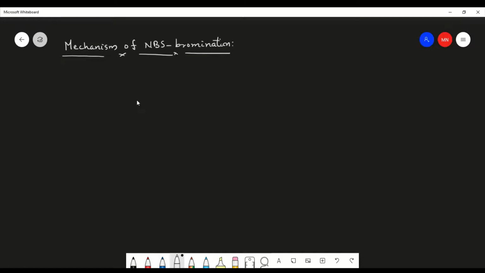The reaction takes place stepwise. In the first step, we have N-bromosuccinimide and the AIBN initiator, azobisisobutyronitrile, which picks up this bromine, and you get the N dot free radical plus Br dot. So the initiator generates radicals.